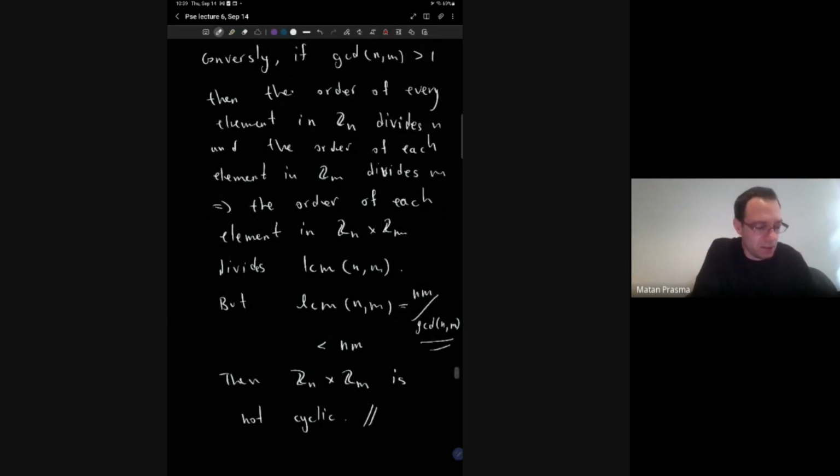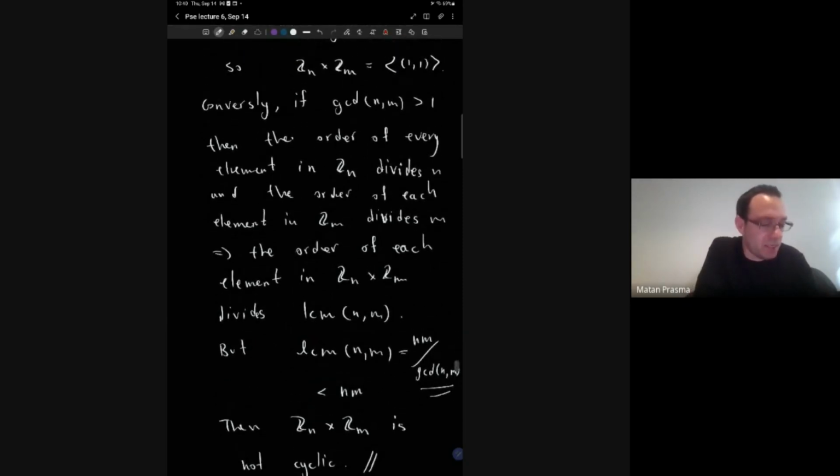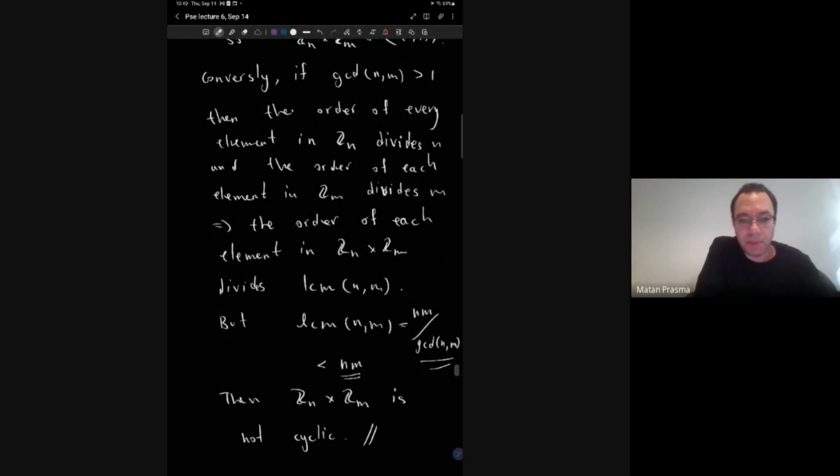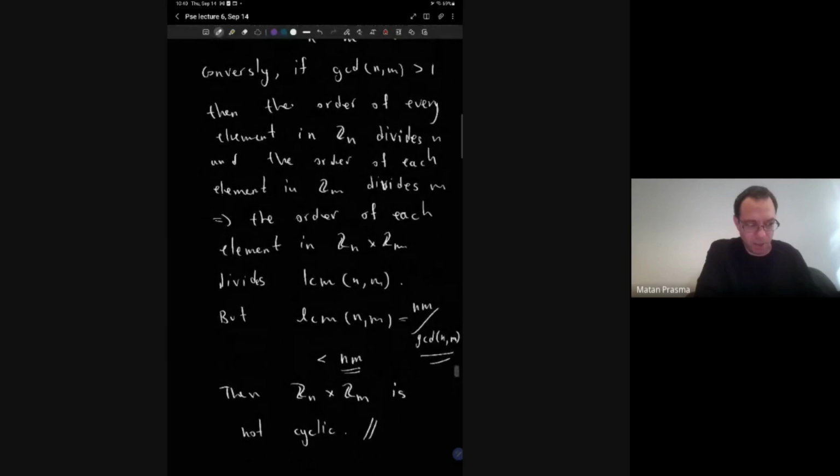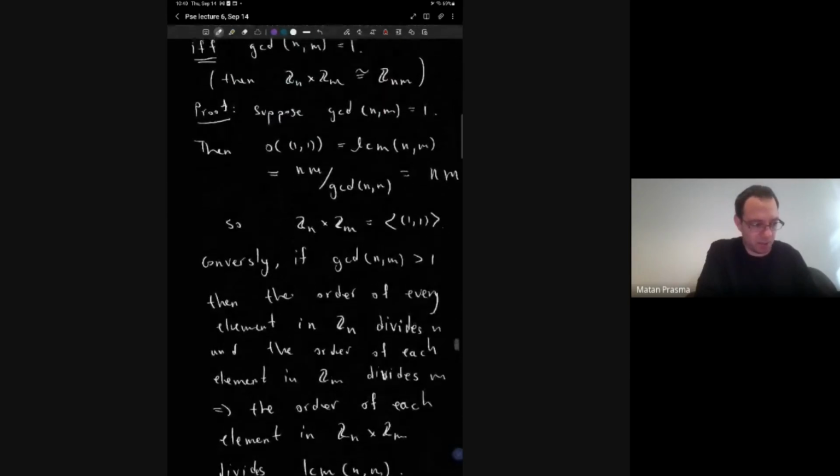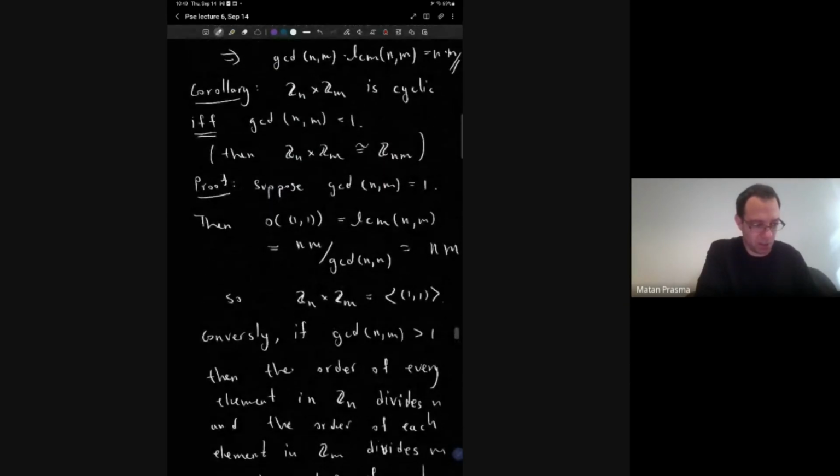Okay, so if we assume that the GCD is strictly bigger than 1, then all the elements have order strictly smaller than nm, and so the group cannot be cyclic. Any question about this proposition? Corollary?